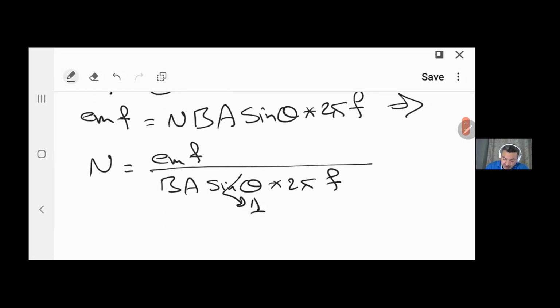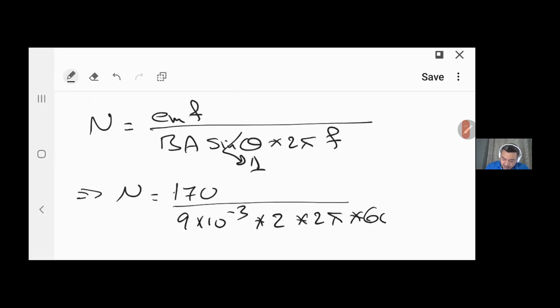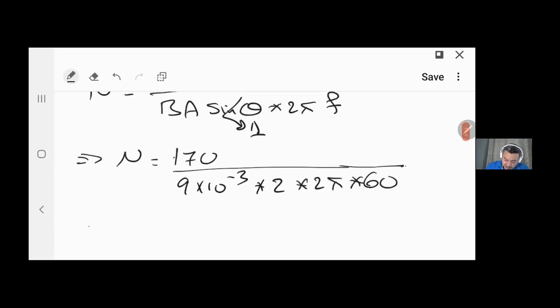In this case, N equals 170 divided by 9 to the power minus 3 times 2 times 2 pi times 60 hertz, and the answer is N equals 25.